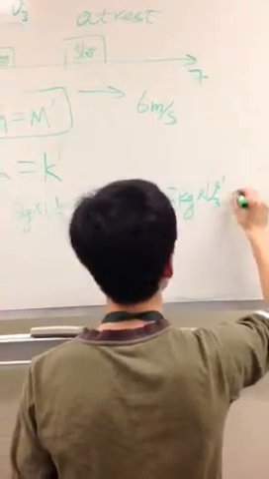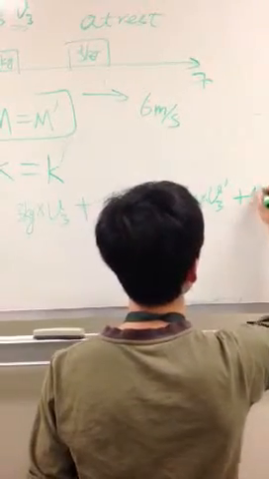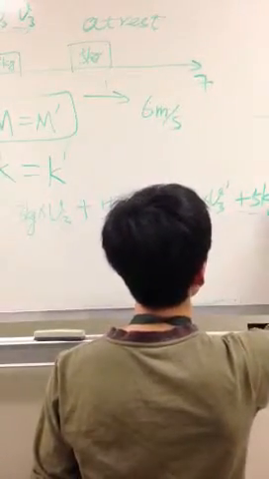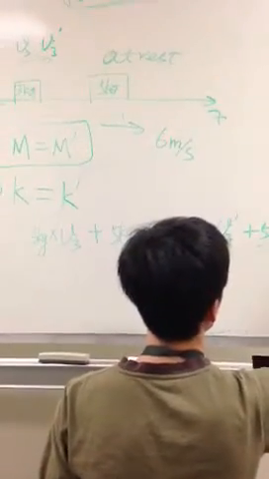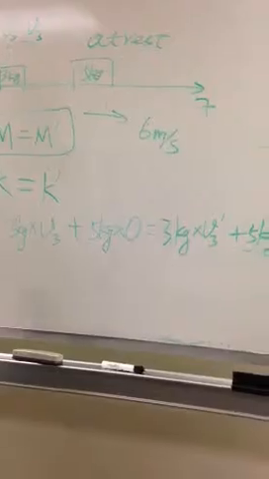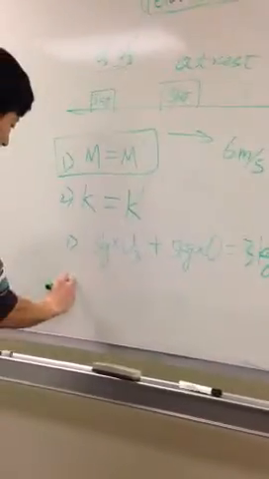We don't know the velocity of the 3 kilogram, but we know this 5 kilogram got a velocity of 6 meters per second. That's the momentum at the beginning and after the collision. You understand here, right? So that's the first equation we got.